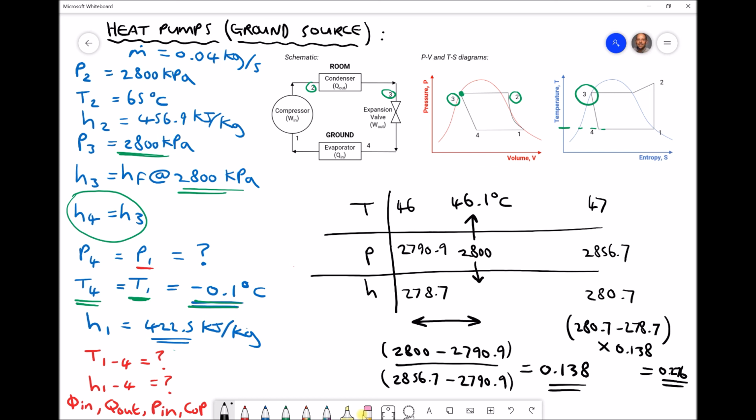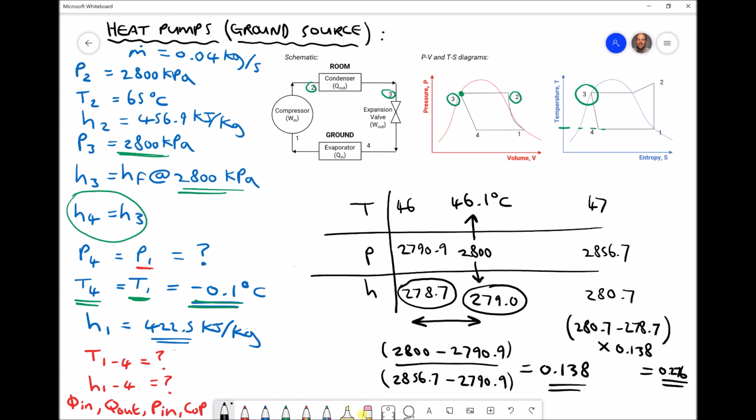So in this case, we need to add 0.276 to our lower value of 278.7 to find the corresponding enthalpy value to go alongside a pressure of 2,800 kilopascals. Well, 278.7 plus 0.276 is 278.976, or 279.0, accurate to 1 decimal place.